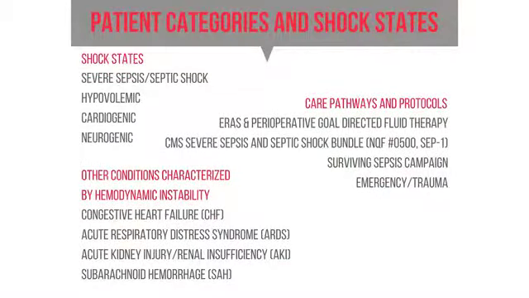If I have a CHF patient, I'm always going to be asking myself about their fluid status. Are they fluid responsive? That's a good Cheetah patient. And for that same reason, all our kidney patients, acute kidney injuries, and our ARDS patients are going to be good Cheetah patients as well. In addition, if my hospital has protocols in place that include hemodynamic monitoring, such as ERAS or perioperative goal-directed fluid therapy, if I have sepsis and septic shock bundles in place, if I have trauma protocols, if my patient meets those criteria, those are all going to be good Cheetah patients as well.